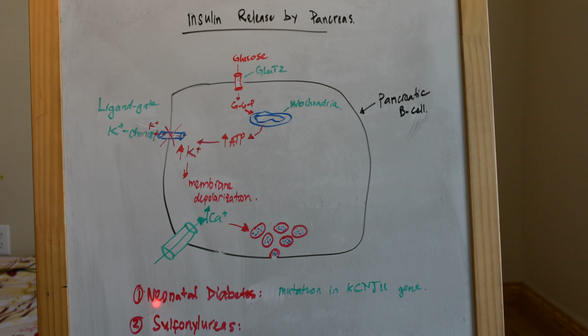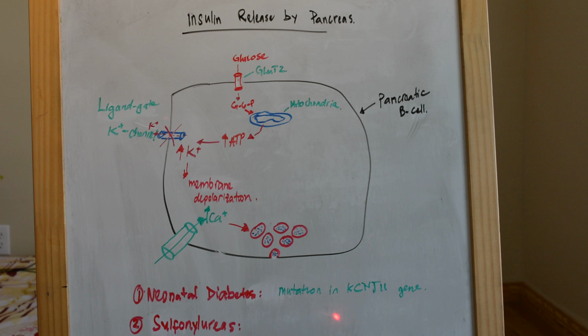So there are two clinical correlations here. One is neonatal diabetes. In neonatal diabetes, there's a mutation in the KCNJ11 gene, and this gene encodes for the subunits of the potassium channels. So when there's a mutation in these subunits, the mutation keeps the channels open.